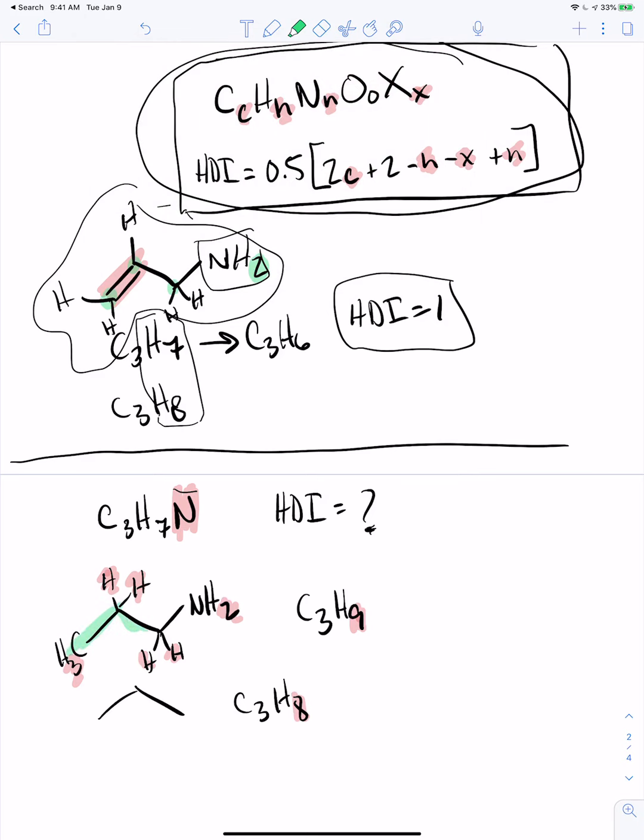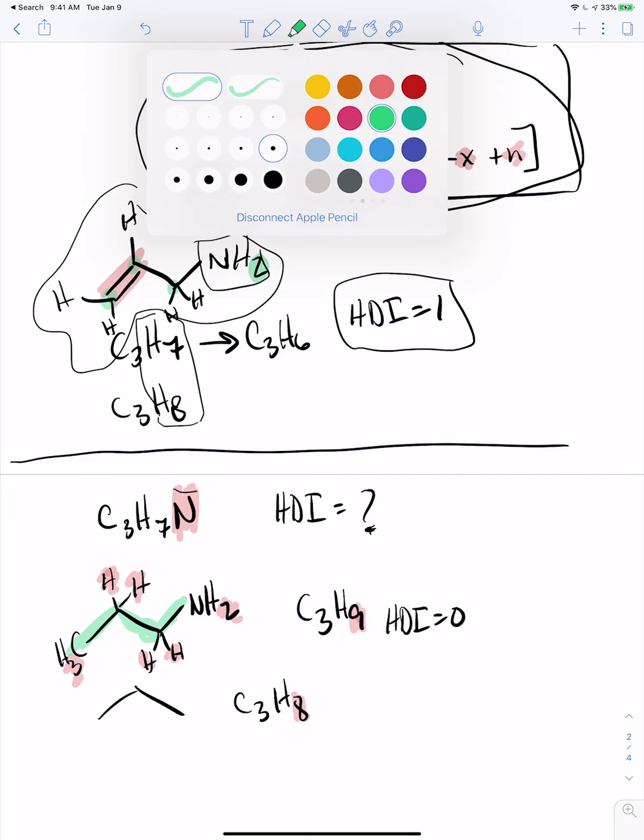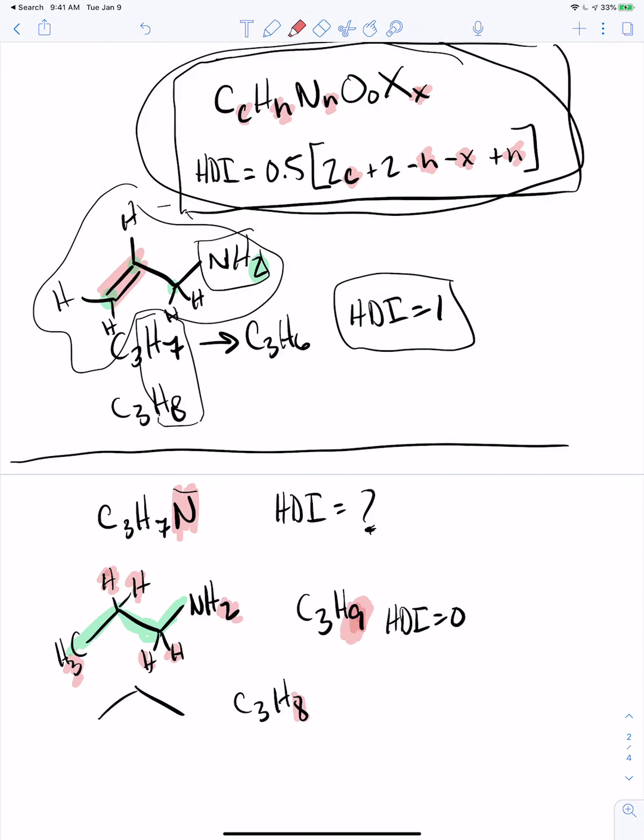Well, it has no double bonds and no cycles in it, so I know that the hydrogen deficiency index should be equal to 0. But what I see when I compare these two things is this 9 and this 8. In order for the HDI to be 0, those two things have to make sense together.